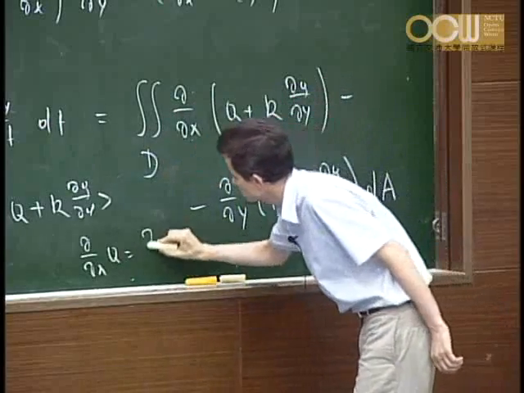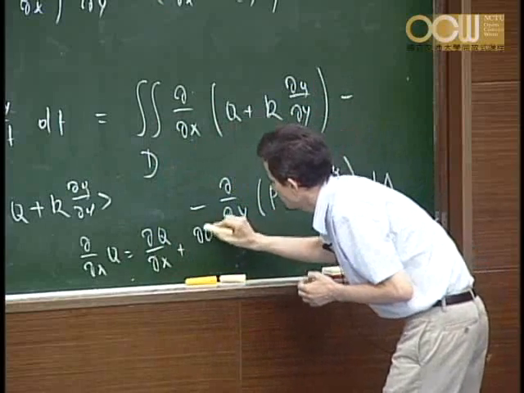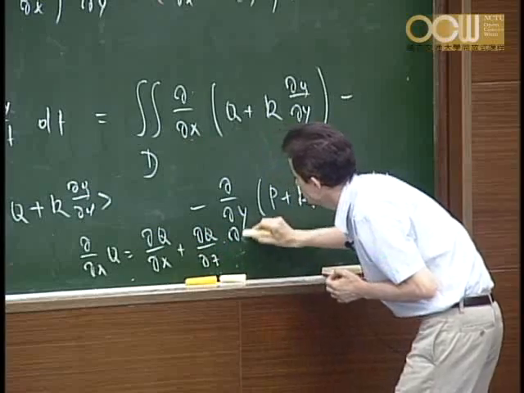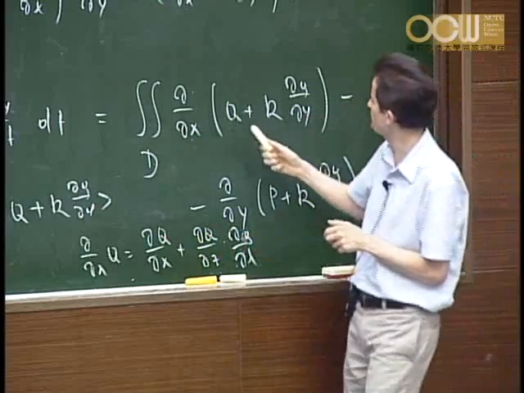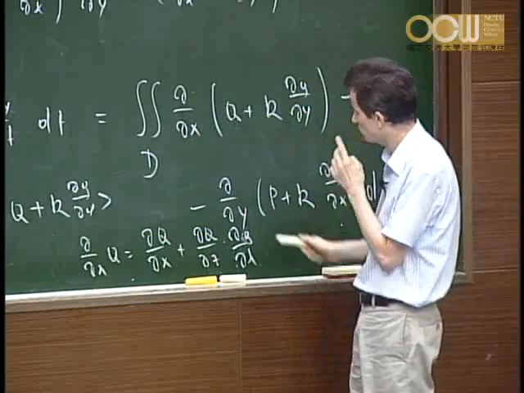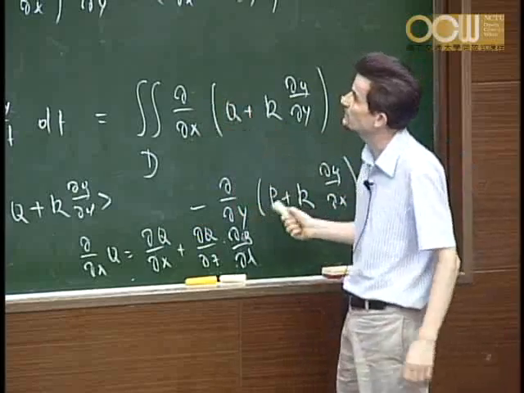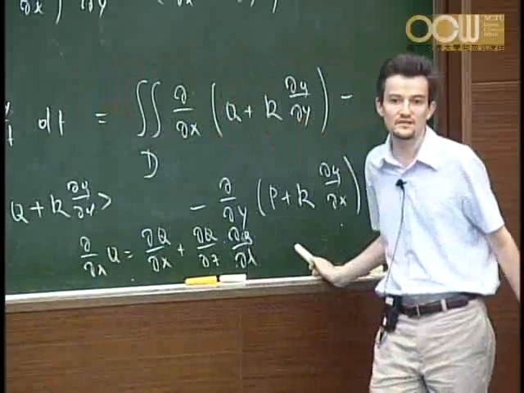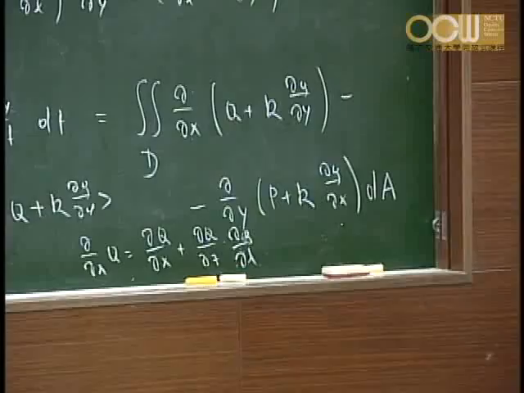It would be the partial derivative of q with respect to x plus the partial derivative of q with respect to z times the partial derivative of z with respect to x. You have to be careful for this one, and for this one, and so on. So you get many terms if you compute this partial derivative and this one, and then eventually you see that some of them cancel, and the remaining ones you can rearrange so that you get this here.